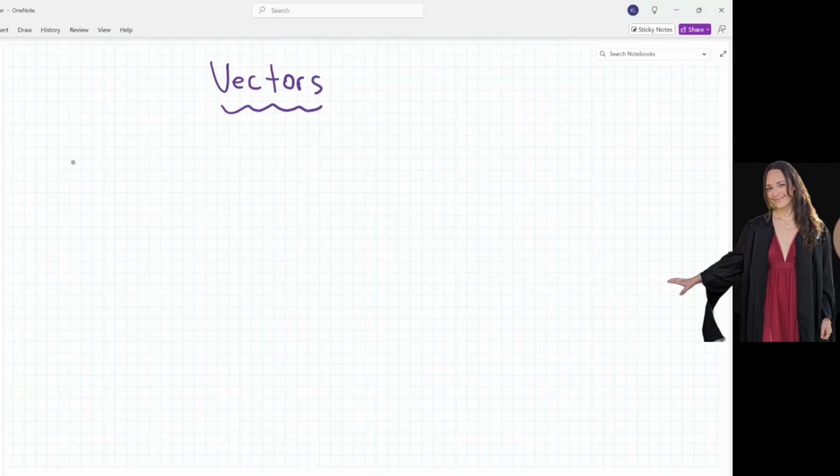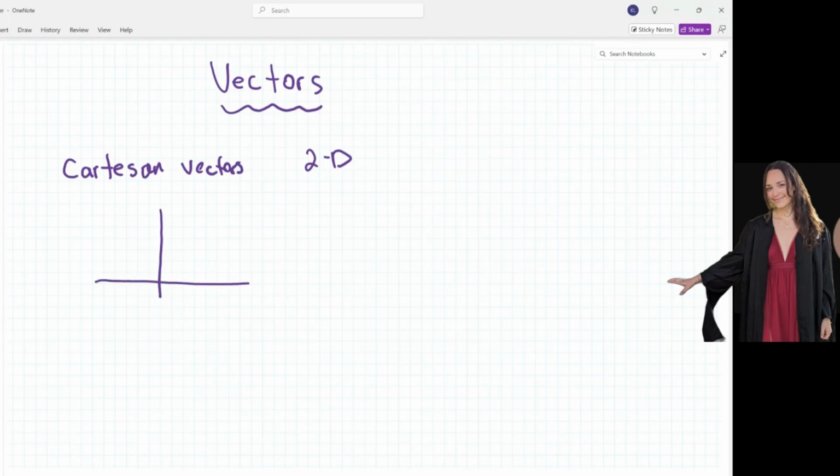The first thing we're going to look at, just as an introduction, is Cartesian vectors. For Cartesian vectors, we're just going to start in the two-dimensional plane, that way we can draw it out and we can all see what's going on. Typically you have your xy plane with xy coordinates, and imagine that you choose some dot on your xy plane.